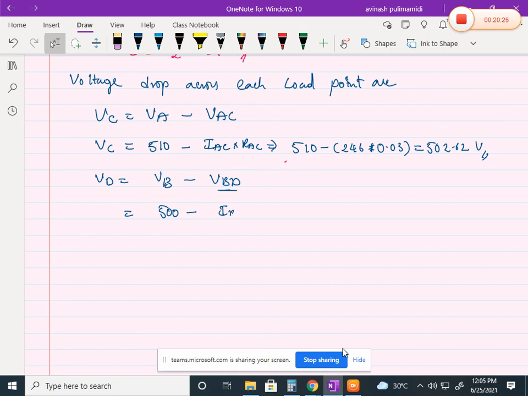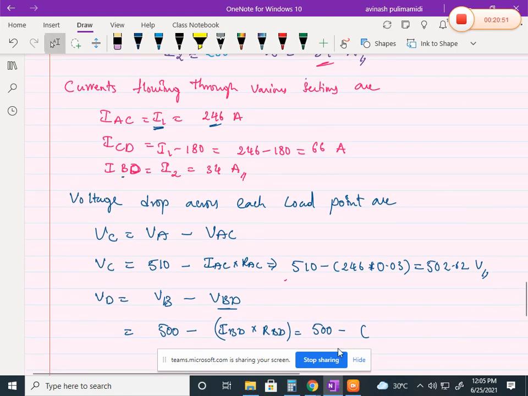VBD is nothing but IBD multiplied by RBD. IBD is nothing but I2.